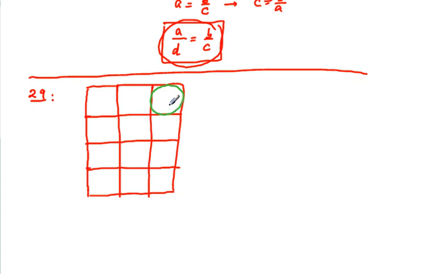What we are concerned about is that there is an octagon in it. So there is a shape like that, and what we are told is that each side of this octagon is 7 inches long.